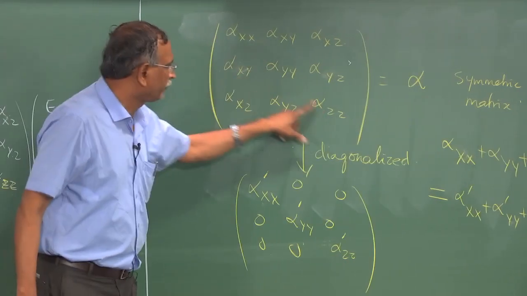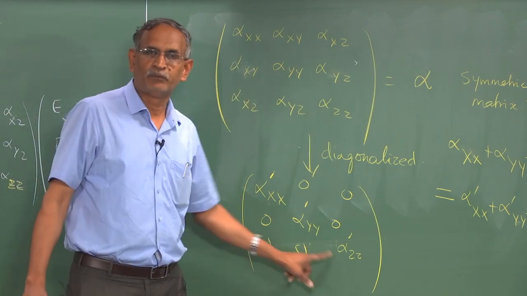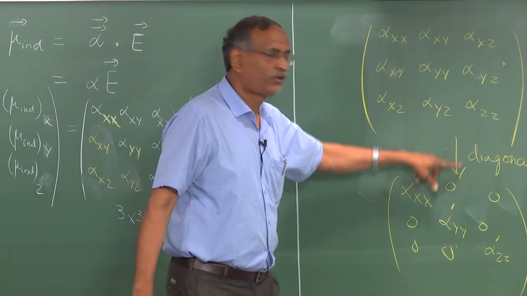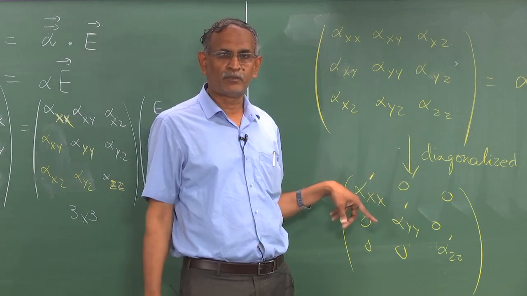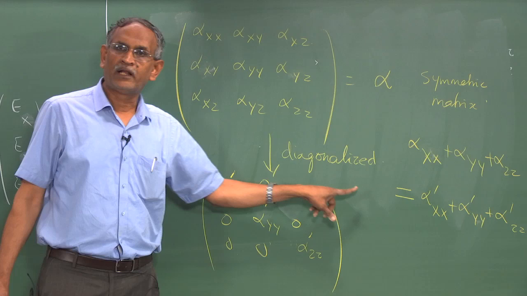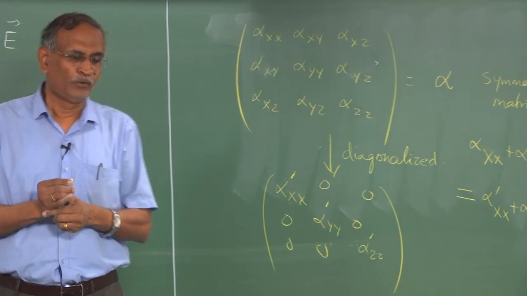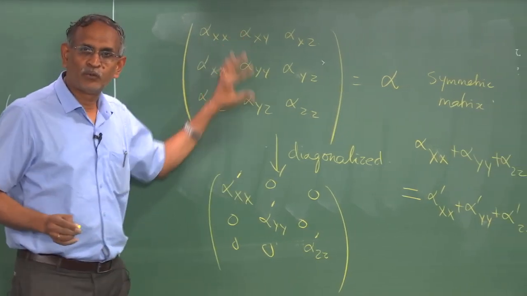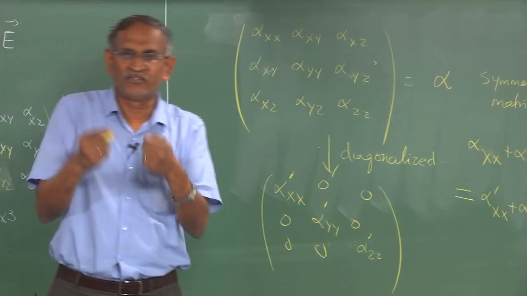The trace of the matrix is the sum of the diagonal elements of the matrix. The trace of the matrix is invariant to the process of diagonalization. In this case, this is a similarity transformation, and this being a real matrix and symmetric matrix, this similarity transformation is also known as an orthogonal transformation. Therefore, what happens is that not only do we have 6 quantities come down to 3 quantities with respect to some new axis system.